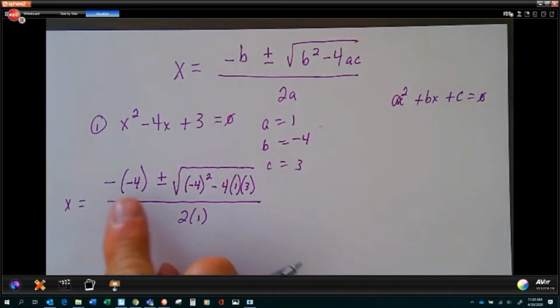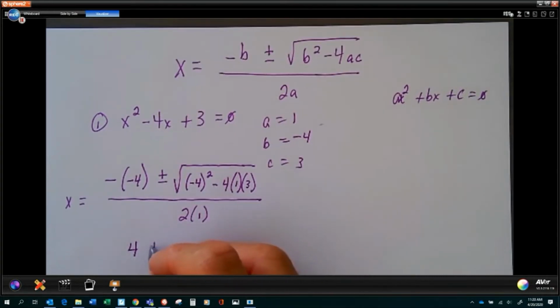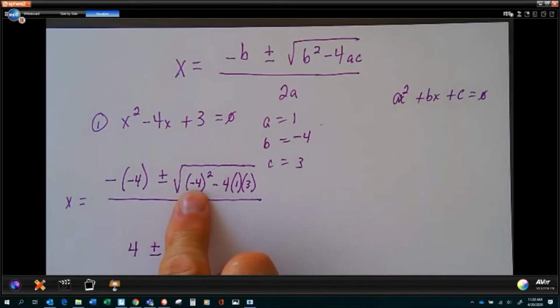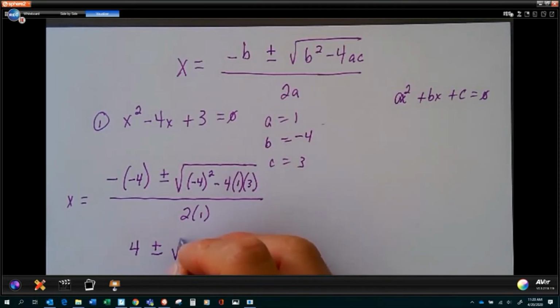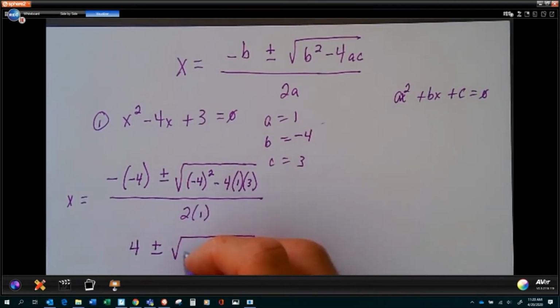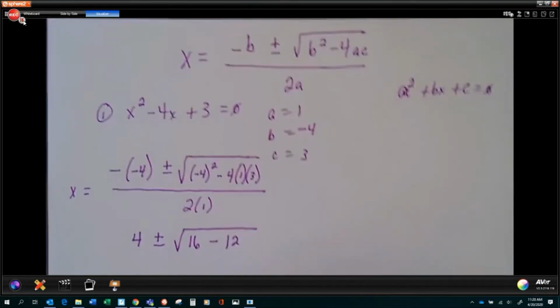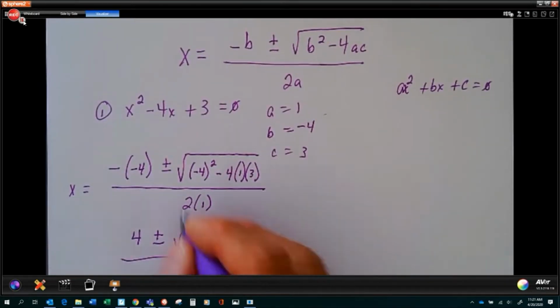Now we're going to simplify. This negative 4 becomes a positive 4, plus or minus the square root of negative 4 squared. Negative 4 times negative 4 gives me 16, minus 4 times 1 is 4, 4 times 3 is 12, and then 2 times 1 is 2.